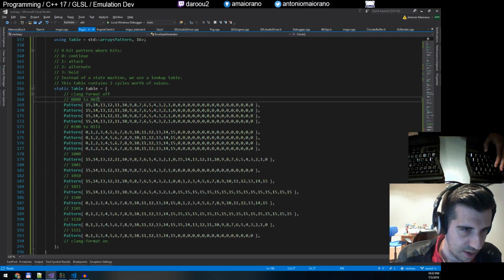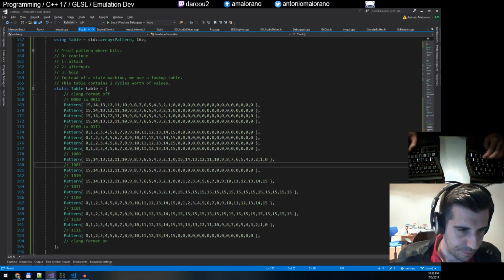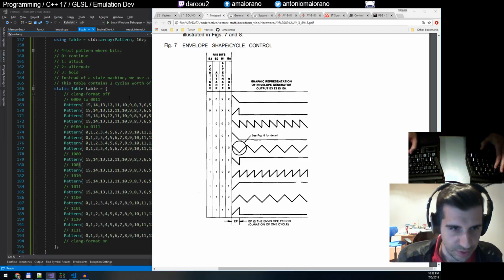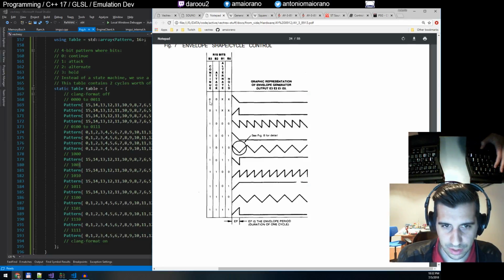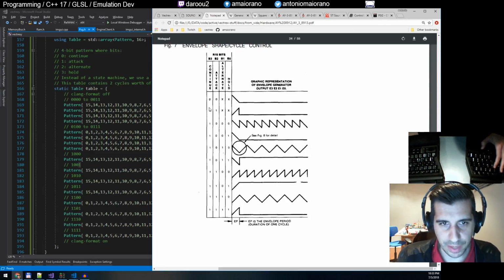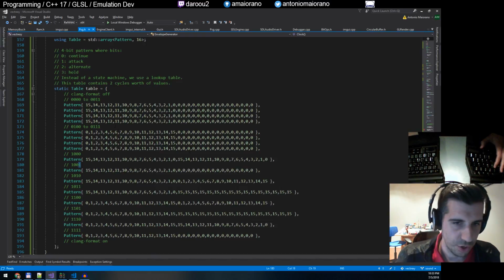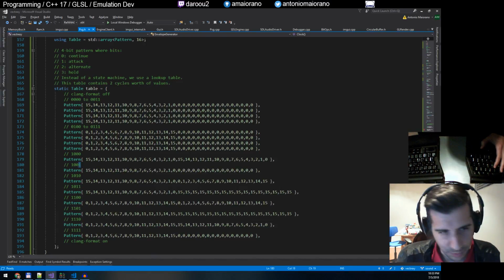Otherwise, if hold is 1, then we hold. Yeah, exactly. So we really need to look at both continue and hold to know when to, once we reach the last, what I'm going to do is go all the way through for 2 cycles.